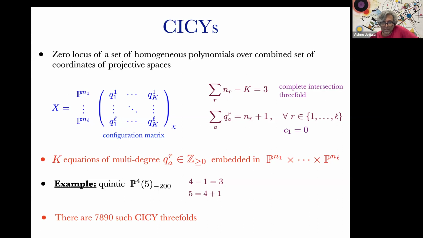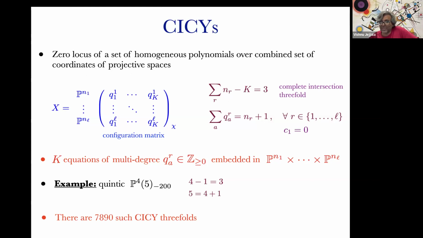The simplest example is the quintic in P4, which is realized as a homogeneous quintic equation in this projective space. So we can start off, roughly speaking, in machine learning: if you have about 10,000 data points, you can start seeing whether aspects of that data set can be learned.